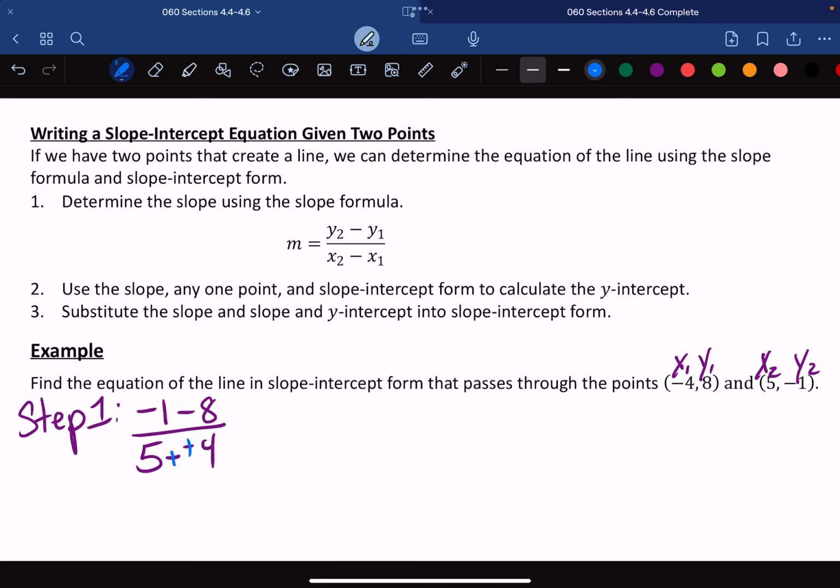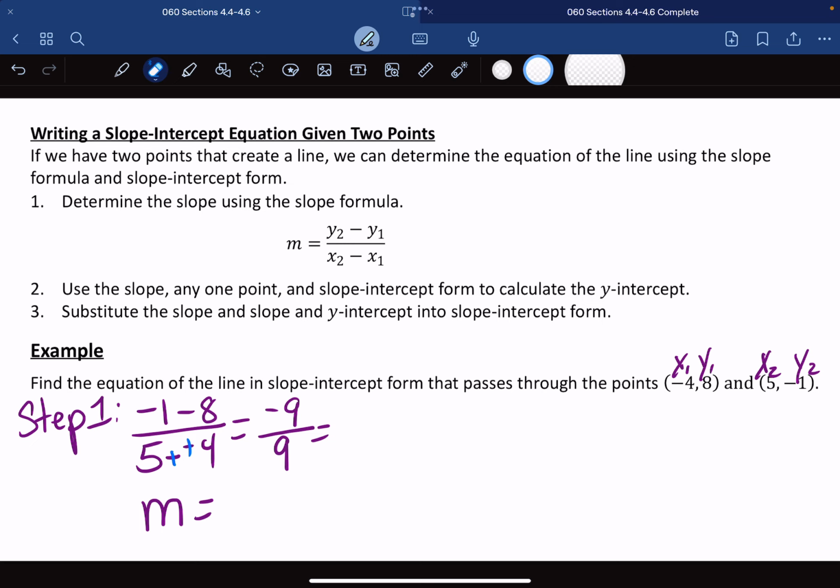Minus a negative is positive. So that gives me -9 divided by 9, which is -1. So my m is -1. I don't know why I didn't write negative. So that's step 1.